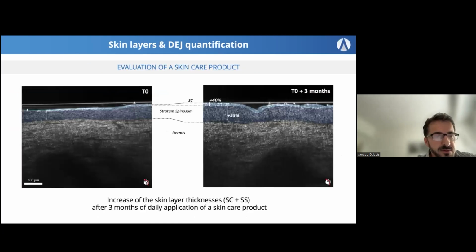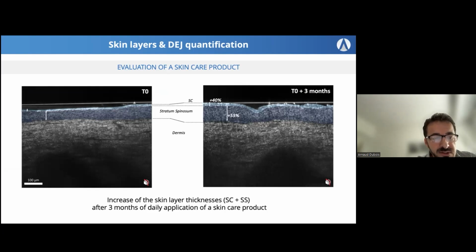And here, we studied the effect of a skincare product on skin. Three months after daily application of the product, a significant increase in the thickness of both the stratum corneum and the stratum spinosum was measured, plus 40% for the stratum corneum and plus 55% for the stratum spinosum.